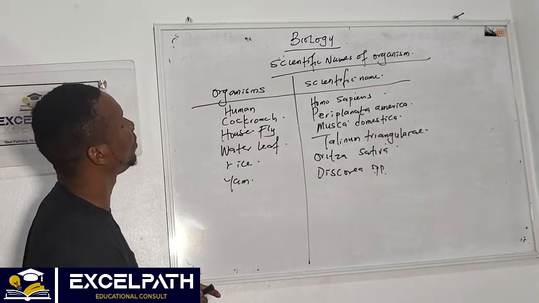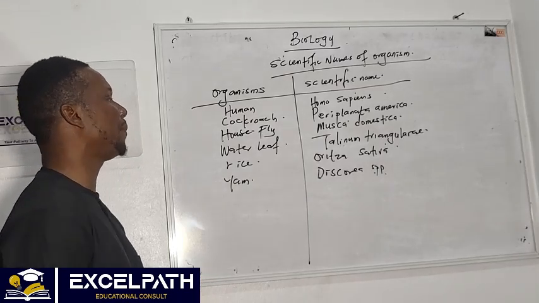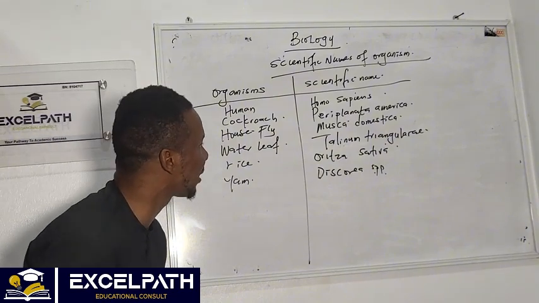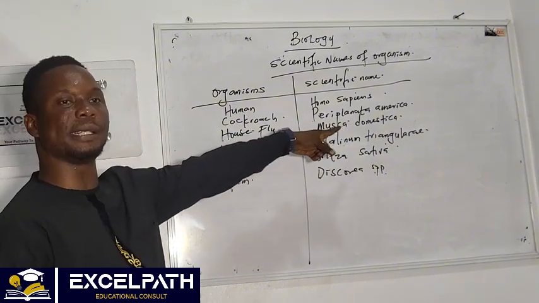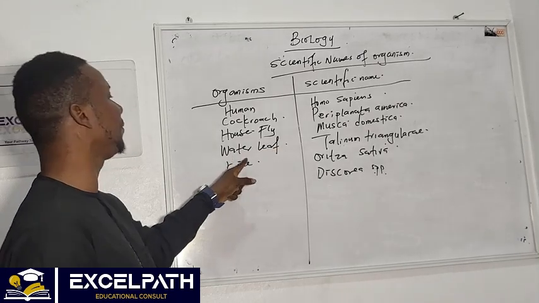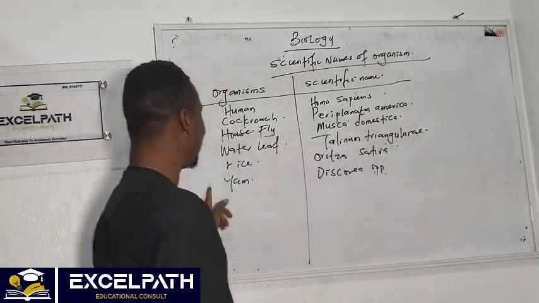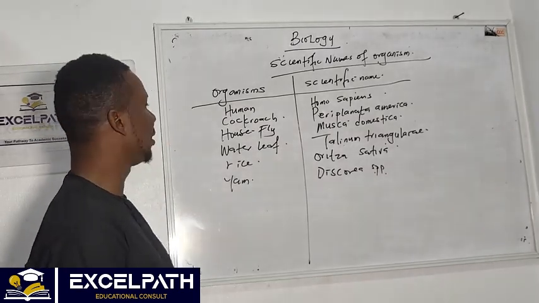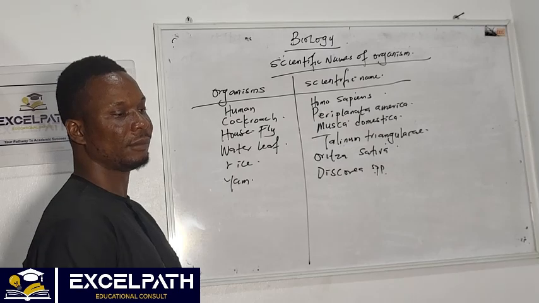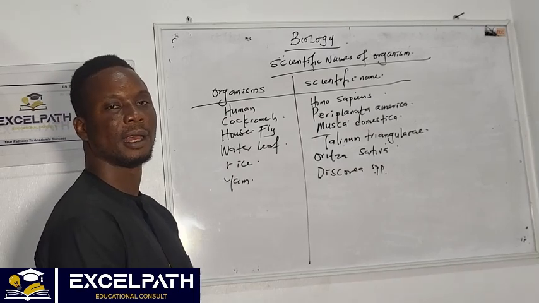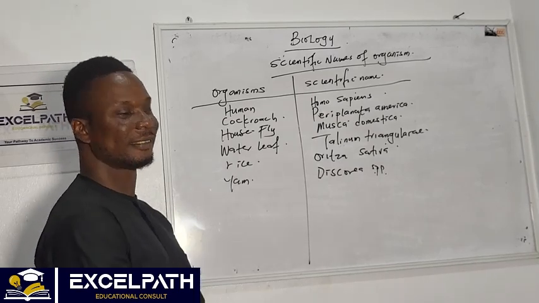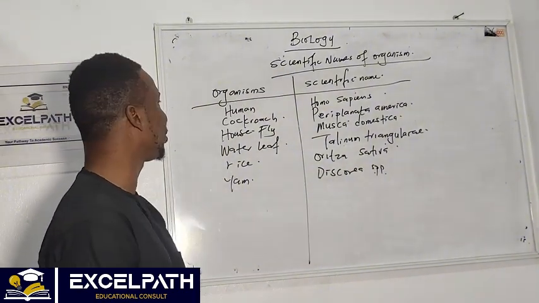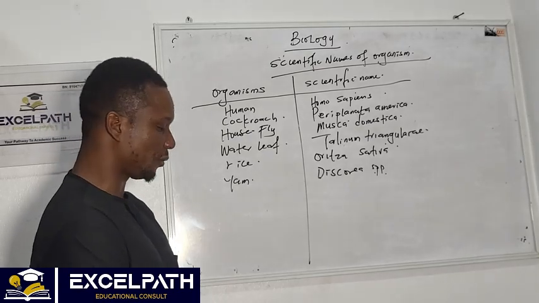Cockroach scientific name is Periplaneta americana. Housefly is Musca domestica. Waterleaf is Talinum triangulare. Rice is Oryza sativa. Yam is Dioscorea species. We have different species of yam. We have Dioscorea alata, Dioscorea cayenensis, different species of yam. So these are the scientific names of organisms.